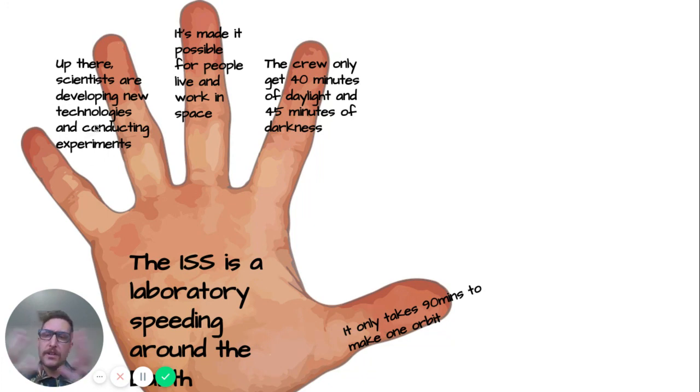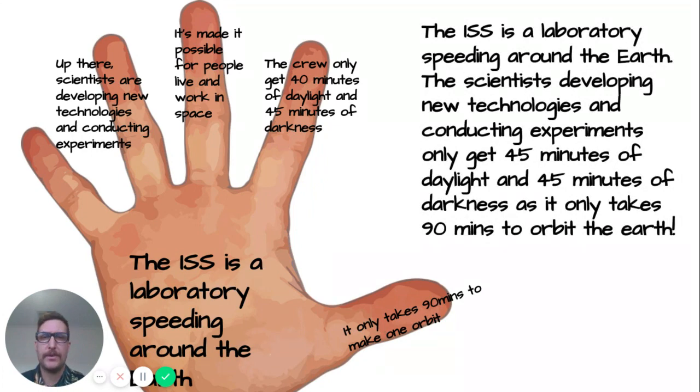So what I've done is I've put all of that together after I've done my thinking about the most important things that I need to include. And here is my summary. The ISS is a laboratory speeding around the Earth. The scientists developing new technologies and conducting experiments only get 45 minutes of daylight and 45 minutes of darkness, as it only takes 90 minutes to orbit the Earth.